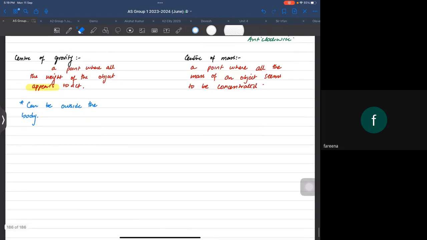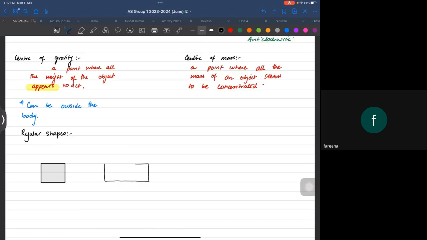Now for center of gravity, it is very easy to find when it comes to regular shapes. For instance, regular shapes like a square, maybe a rectangle, a triangle, a circle, they're all basically regular shapes like this.